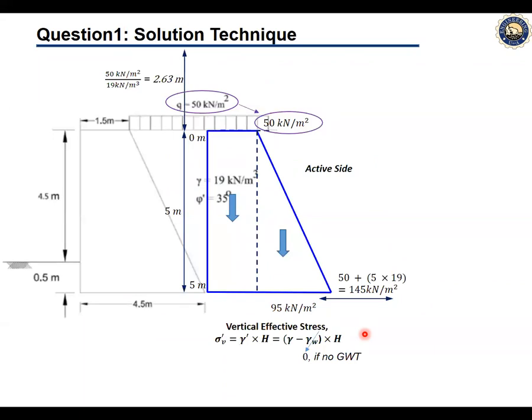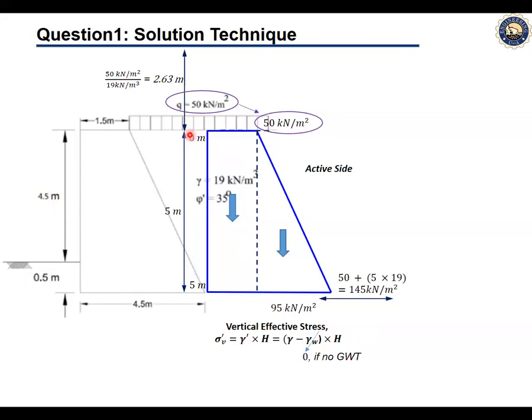On this figure, we can see the vertical effective stress distribution diagram for our plot. Here, this is the 5 meters coming from the height of the retaining wall, where 4.5 meters is above the ground surface and 0.5 meter is below the ground surface.